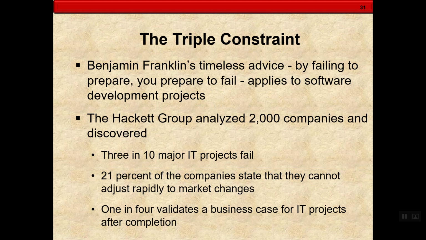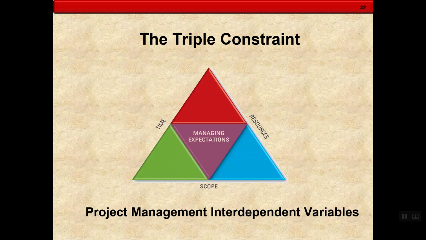So the idea is, from a project manager's perspective, there's really three things, well, four actually, that project managers need to be aware of. There is what we call the triple constraint, which is that a project manager needs to manage time, manage resources, and manage scope.